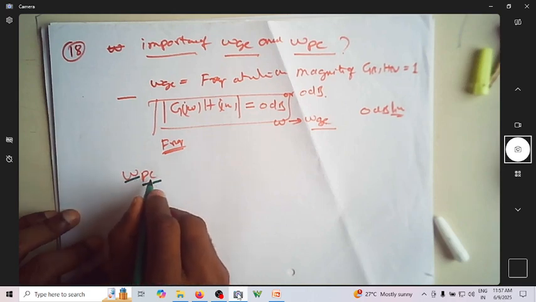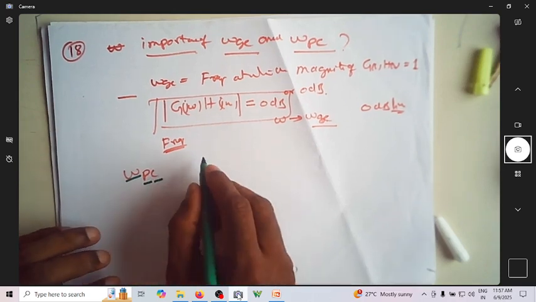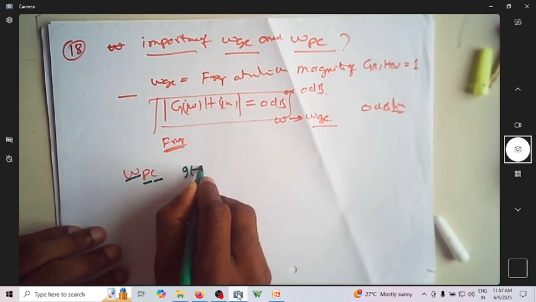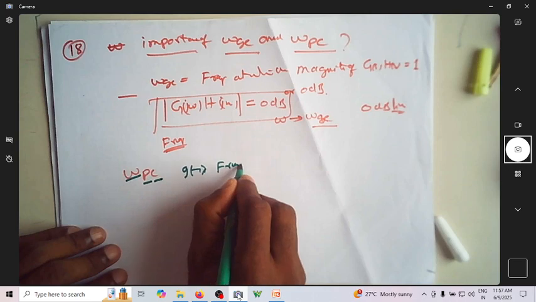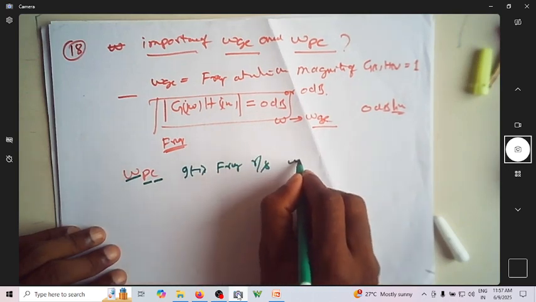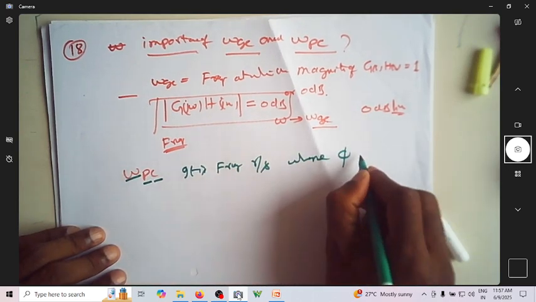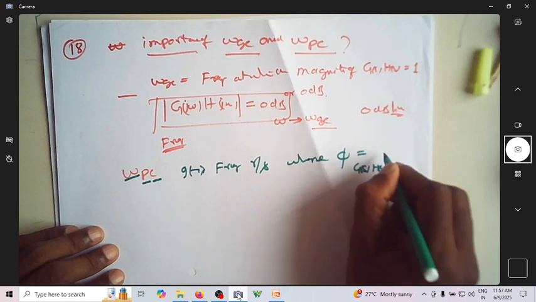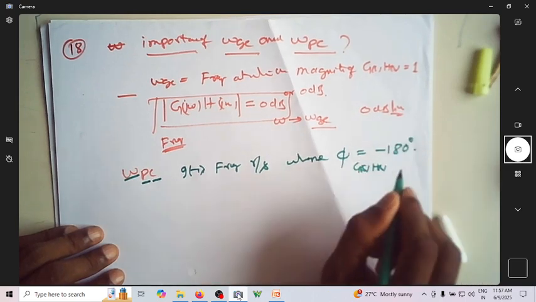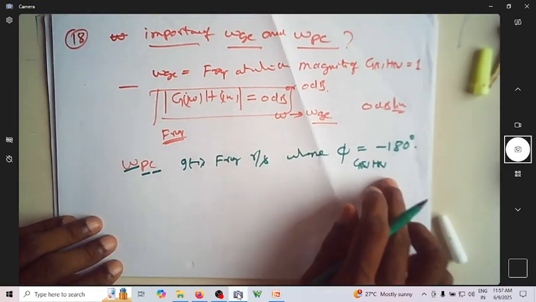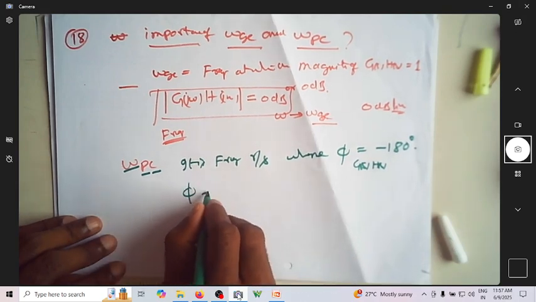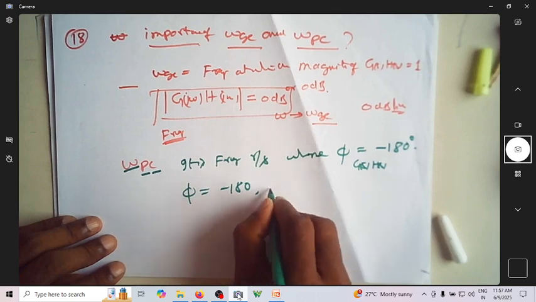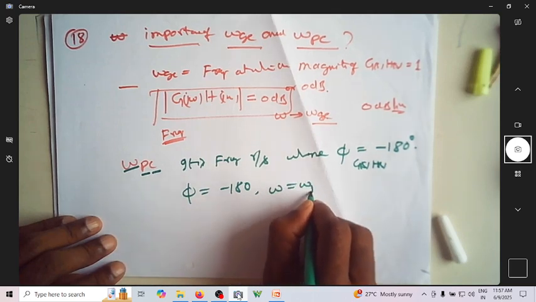It is the frequency in radians per second where the phase of G(s)H(s) is minus 180 degrees. So you take the phase equation where the phase is equal to minus 180 degrees, and the corresponding frequency is omega PC.